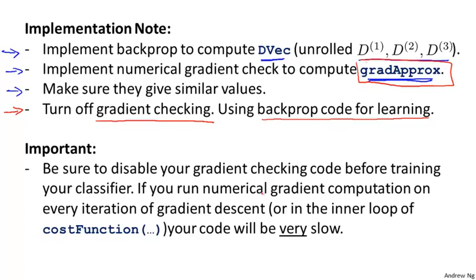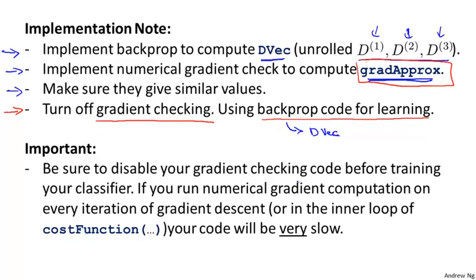The reason is that the numerical gradient checking code is very computationally expensive, a very slow way to approximate the derivative. In contrast, the backpropagation algorithm, the thing we talked about earlier for computing D1, D2, D3, or for DVec, is a much more computationally efficient way of computing the derivatives.